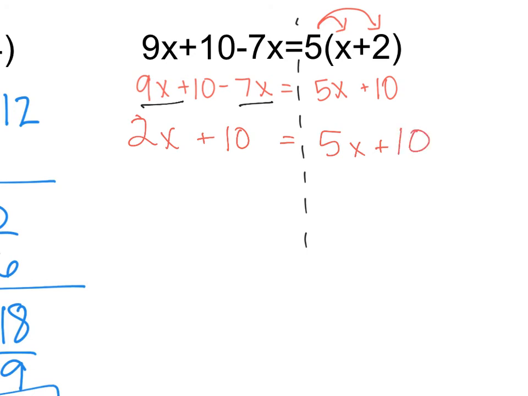Now we need to get our variables on the same side. I am going to move the 2x because it's smaller. You can move the 5x to the left if you wanted to, but I'm going to move the 2x to the right because it's smaller.